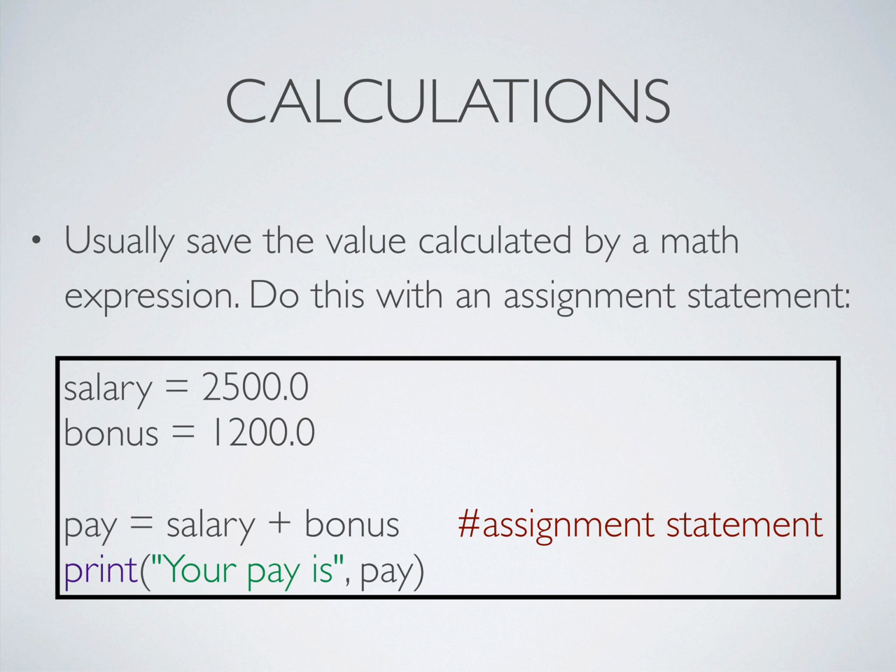That is done first. Then it's placed in to the variable pay in this example. So this code, when it runs, it'll display a message at the end that says your pay is 3,700.0. Because essentially pay is going to get this value 3,700.0, the result of this math expression, salary plus bonus.